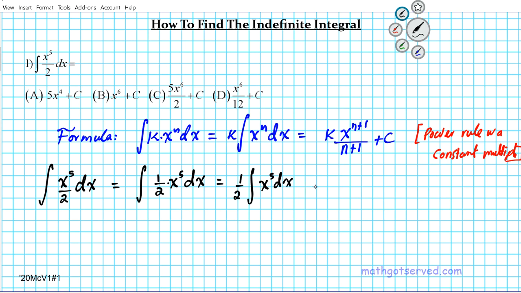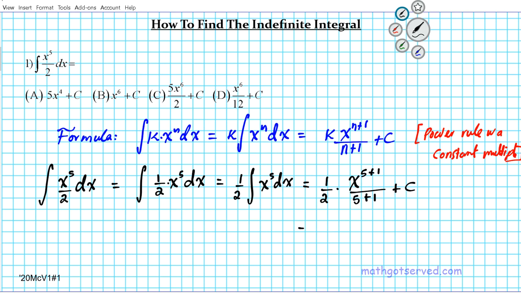Now let's go ahead and find the antiderivative using the power rule of x to the 5th. So we'll have, don't forget your constant multiple now, bring down the 1/2 times x to the 5 plus 1, power plus 1, divided by power plus 1. And don't forget the plus c. Okay? All right, let's go ahead and simplify that.